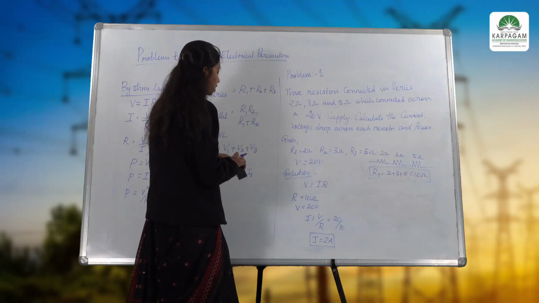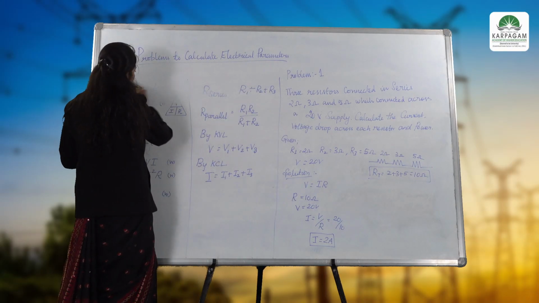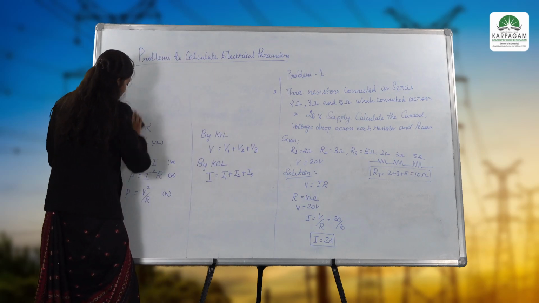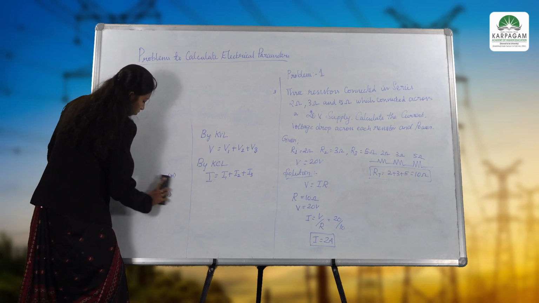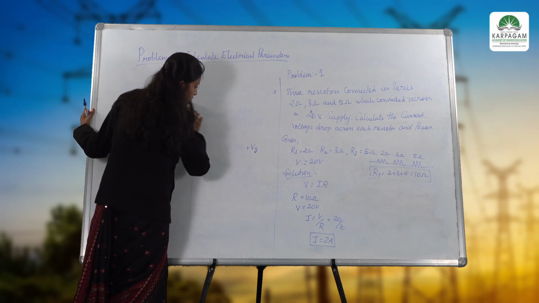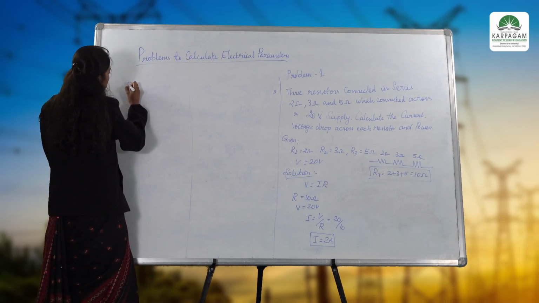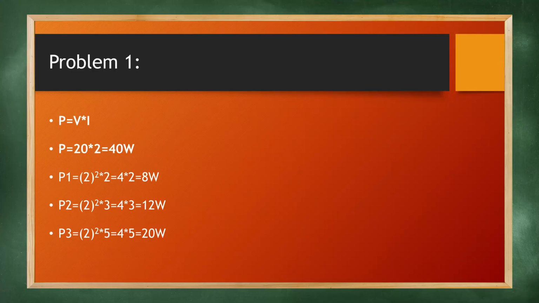Now the next step is I need to calculate the power in the circuit. Power in the circuit is given by P is equal to V into I. So my voltage is 20, whereas my current is 2 amps. So power will be equal to 40 watts.